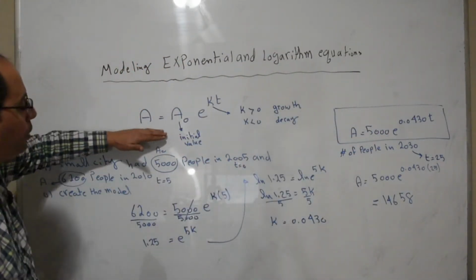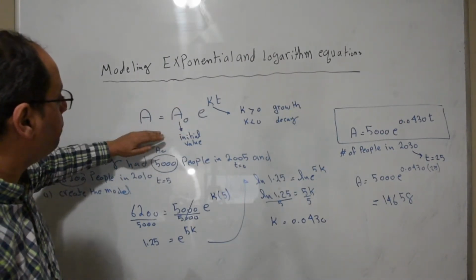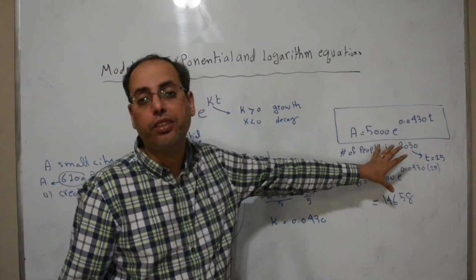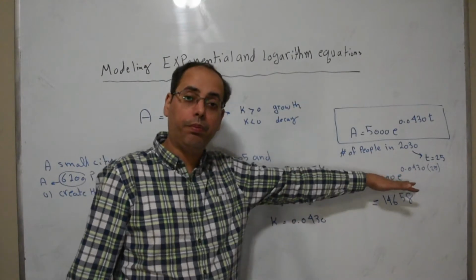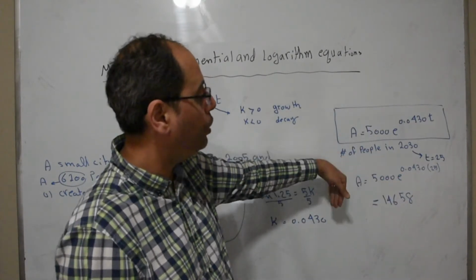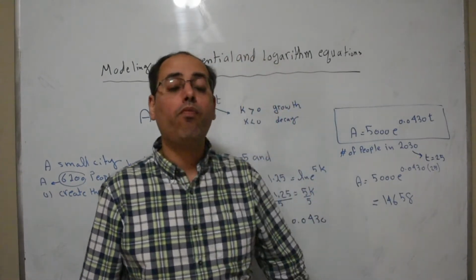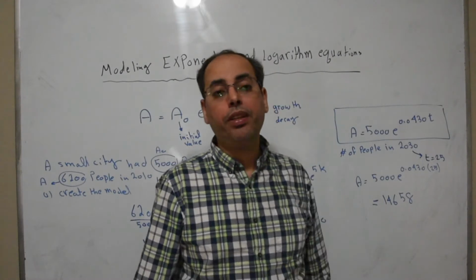So again, for the model, you have to compute k first. And then after you compute k, you may be asked to do something like predict the number in the future or in the past, and you're going to find the growth after a certain year.